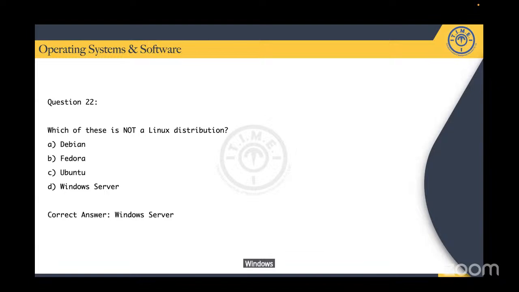Windows Server belongs to the Microsoft Windows family, not Linux. Okay? So why are the other options wrong? Debian, it is a base Linux distro. Fedora, it's Red Hat based Linux. Ubuntu, Debian based Linux. Windows Server, it is Microsoft Windows family, not Linux.